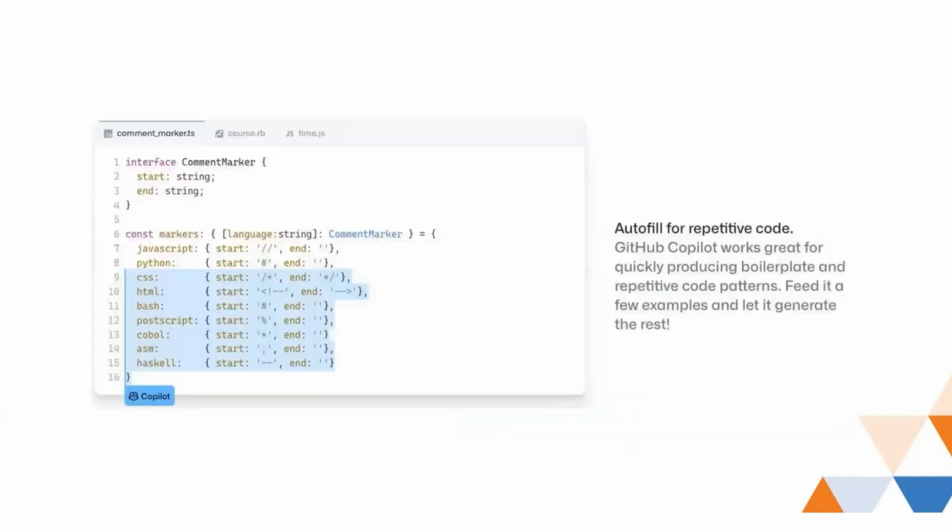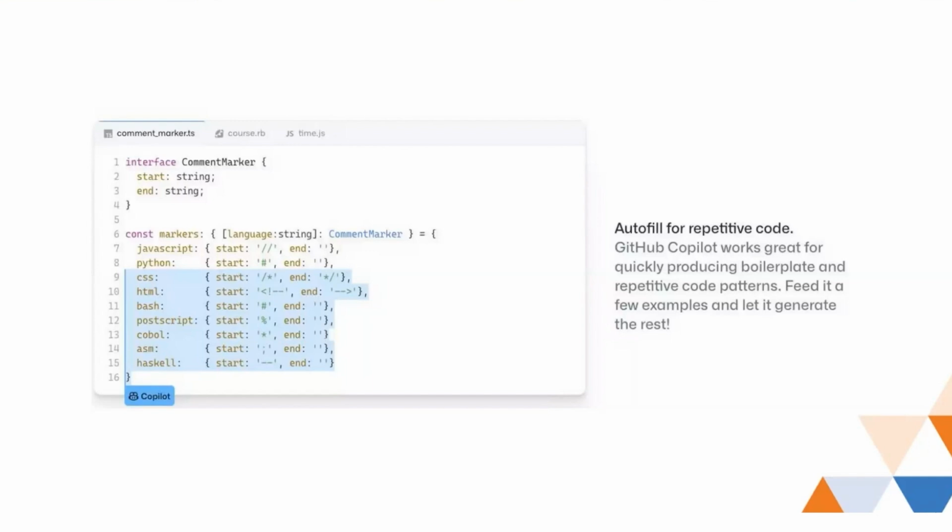Let's look at another example. Here is a TypeScript example again. Here, there are cases wherein we have to write repetitive code. In this case, we are just writing the language and whatever comment character we are using in the programming language. For example, in JavaScript, if you want to comment a code, we use two forward slashes.